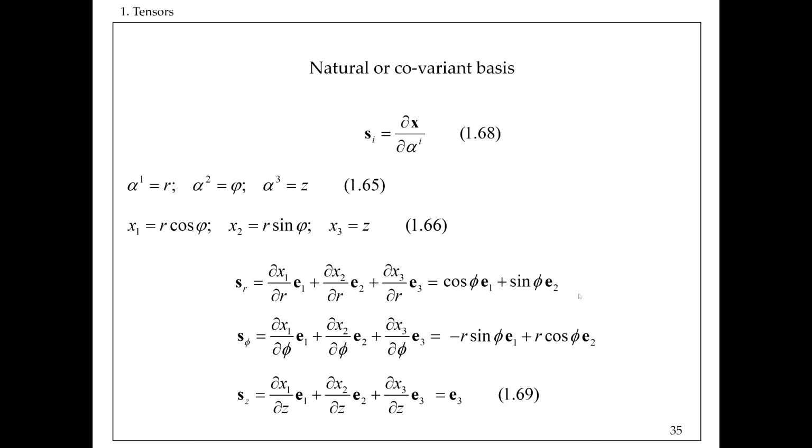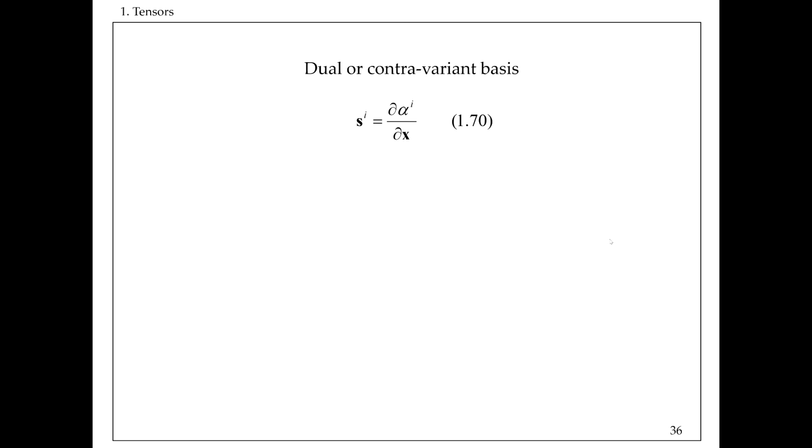So there is another way we can define these basis vectors. The first way is to go with the natural or covariant basis, defined as 168, but we also can do what is called the dual or contravariant basis, and they are defined now by 170 here.